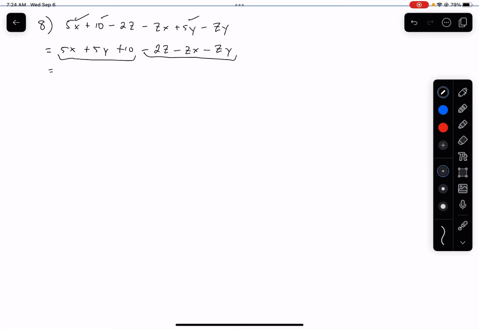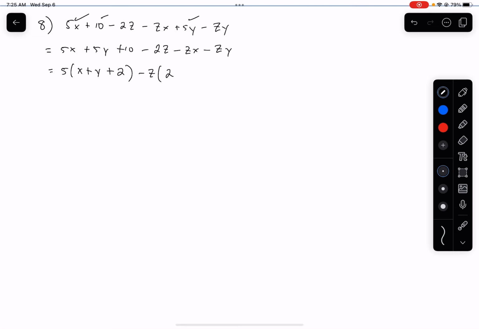Okay, so what I see here, all three are divisible by 5. So I'm going to remove that 5 out, and I'm going to get x plus y plus 2. Okay, and then over on the right, it looks like negative z. You'll notice all three terms have a negative on it. So I'm going to remove that negative z from the question, and I'm going to write what's left.